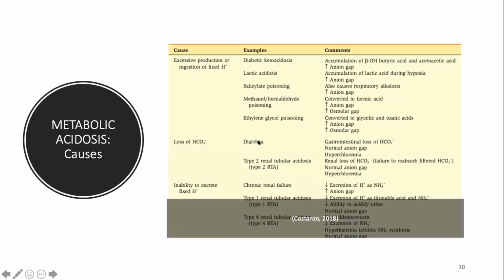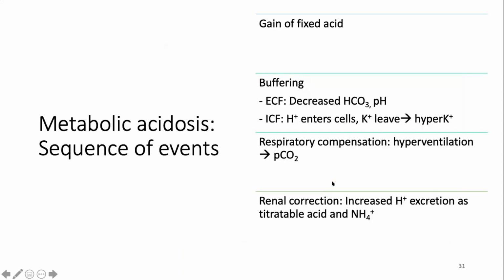Right. So these are just the list of causes of metabolic acidosis. So what happens in the metabolic acidosis? Assuming this is mainly for the wide anion gap metabolic acidosis, so you have a gain of fixed acid.